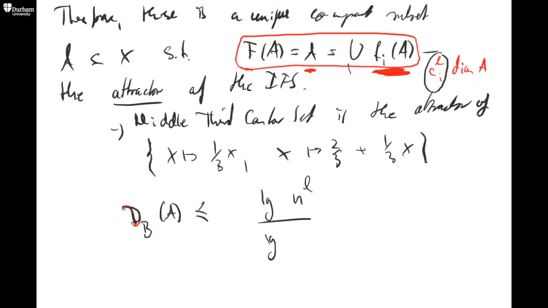So let's say c_i is less or equal c. So we take, say, the maximum or the weakest of these contractions. So we have a c to the L here, okay, and send L to infinity, just to get that an upper bound for the box dimension of an attractor is given by the logarithm of the number of elements in our IFS over the logarithm of the contraction rates of these elements.